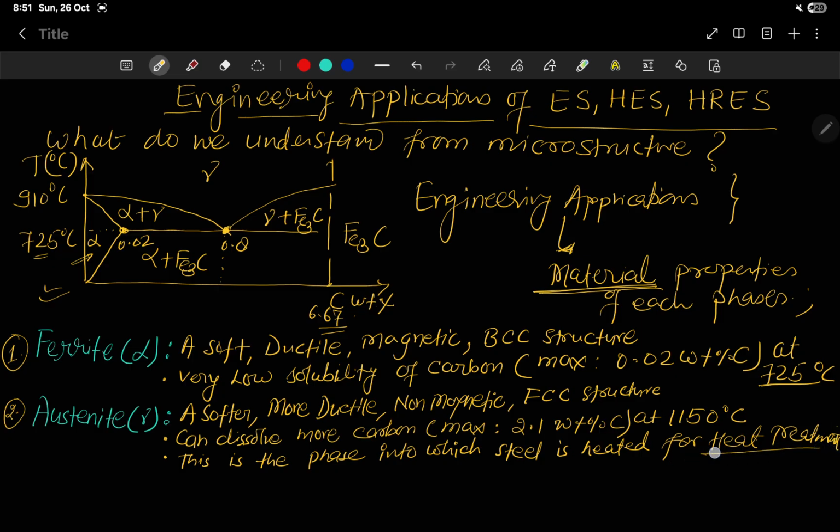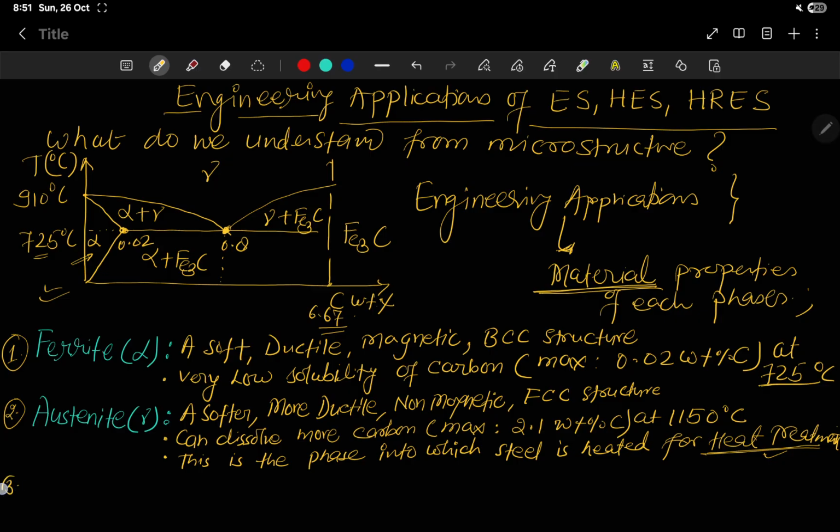We will explore this point in further lectures. This is called austenitizing. So austenite will be the starting phase, and from here the heat treatment of steel starts. We will discuss this point in the next lecture, I think.